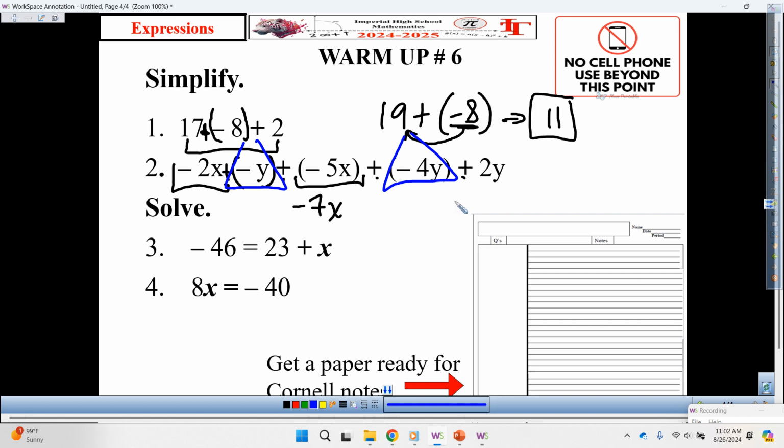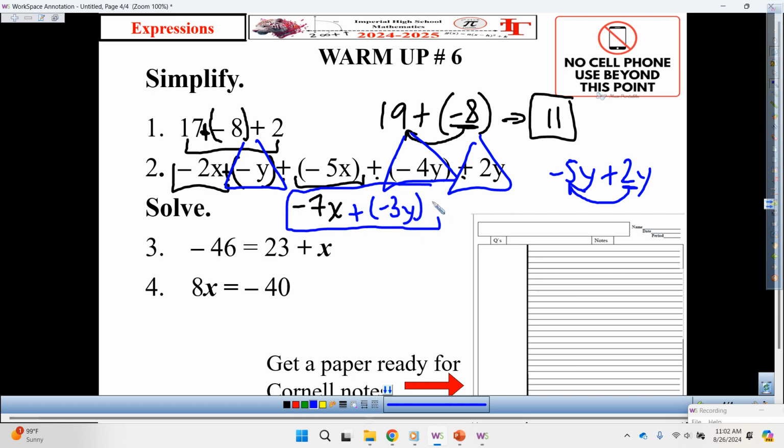But then plus 2y, so let me write that out. Negative 5y plus 2y. Question, can 2 of these cancel 2 of those? Yes, so that leaves us with plus negative 3y. Good review, yes? All right.